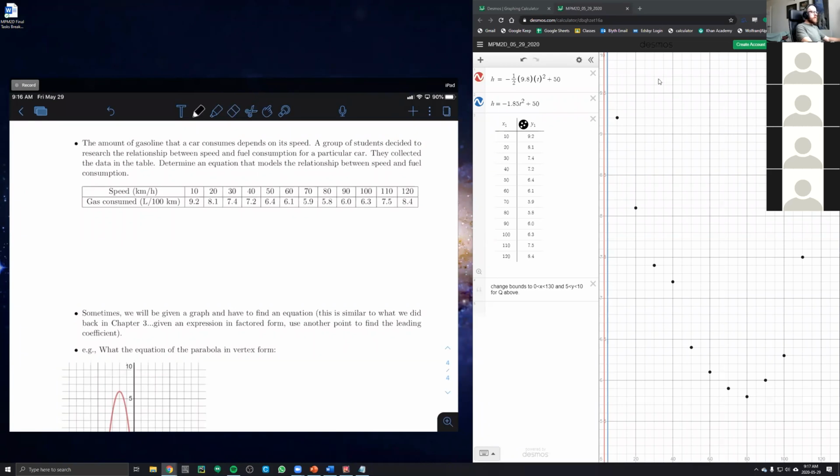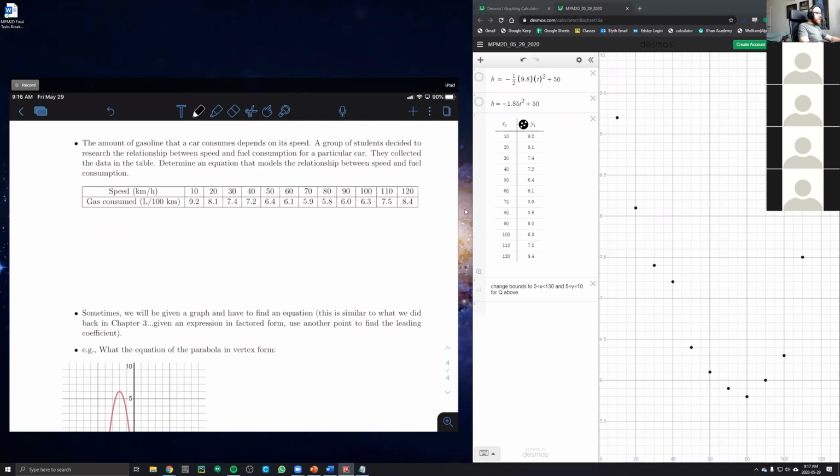Now, I plotted all of these points here in Desmos. Here, I'll turn off the height graphs there. I plotted all of these points, and you notice that it makes kind of like a parabolic shape, right? Now, our goal is to try to figure out an equation that models the relationship between speed and fuel consumption, okay?